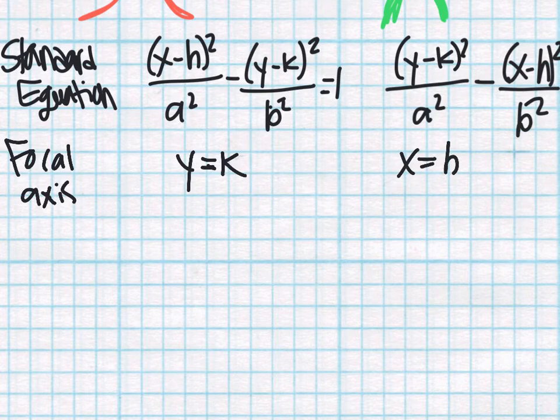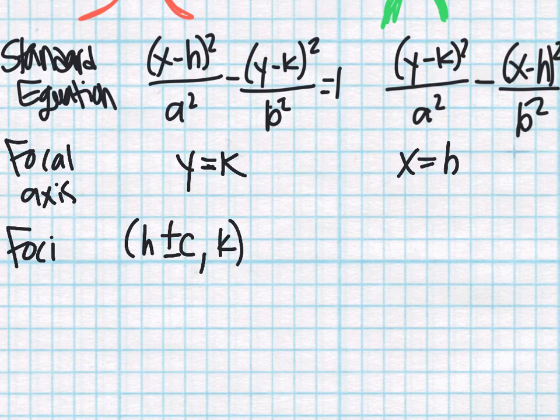So we've got a horizontal focal axis and a vertical focal axis. Coordinates for our foci. So the foci's coordinates are going to be h plus and minus c comma k, and for this one is going to be h comma k plus and minus c.